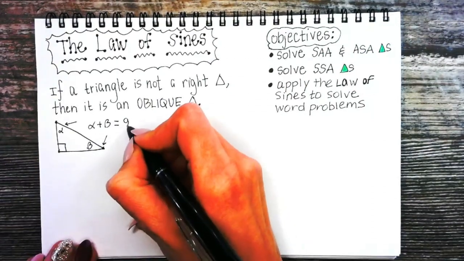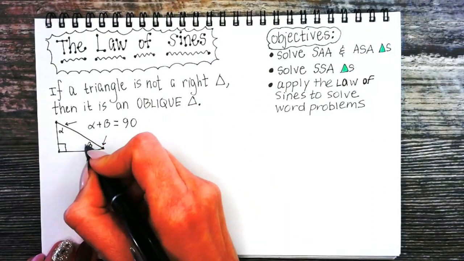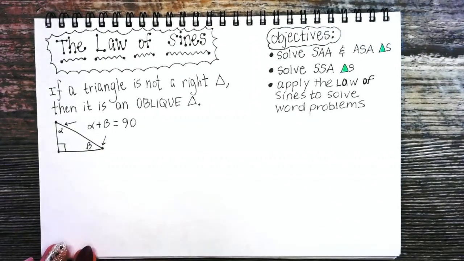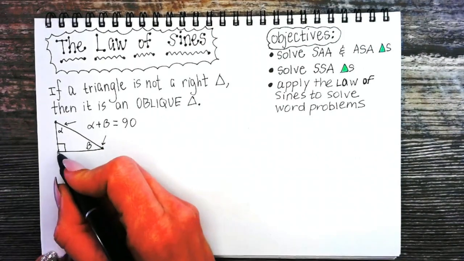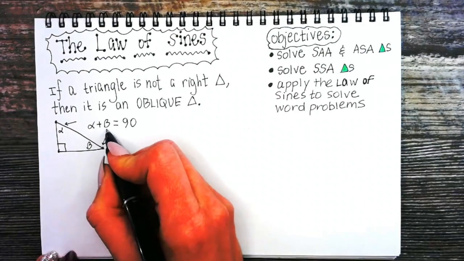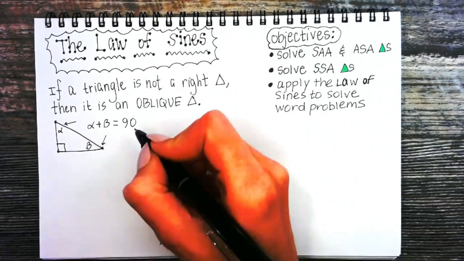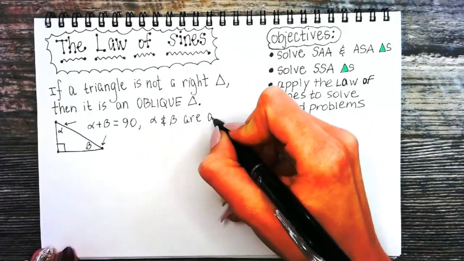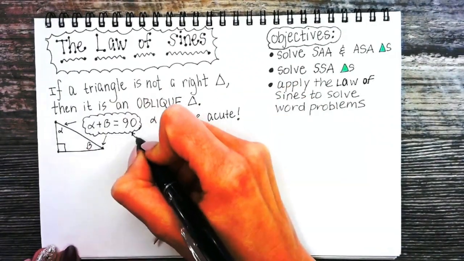They have to add to 90 degrees because the sum of all three angles inside of a triangle is 180 degrees, 90 of which are taken up by the right angle. If you have two angles that add to 90 degrees, that means alpha and beta must both be acute angles.